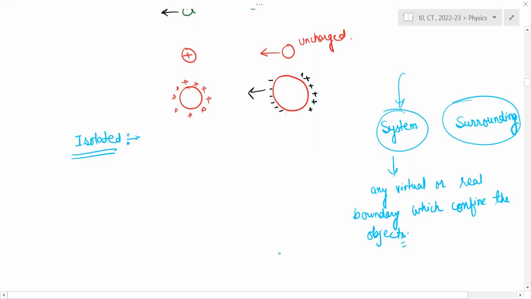Meaning that suppose I have to study one boat or car system. If I say this is my car, I am making this car a boundary, a virtual boundary. This is called my system, and this is called the boundary.